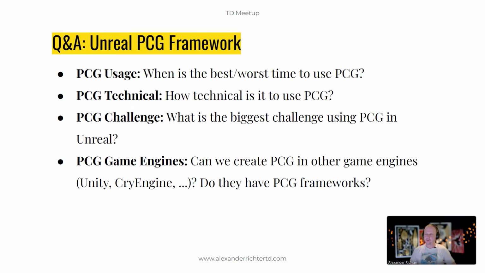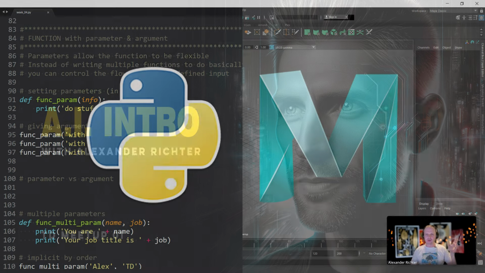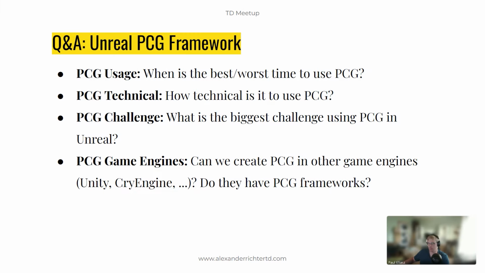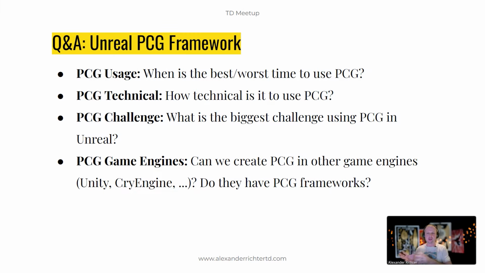The idea of today's talk is, on one side, to talk about PCG as a concept independent of where you are, whether in Maya, Houdini, or Unreal, and to understand USD, AI, and scripting. There is this concept of procedural content generation that can help you speed up your process. You don't have to be only a landscape level designer. You can be a modeler, a shading artist, a texture artist.